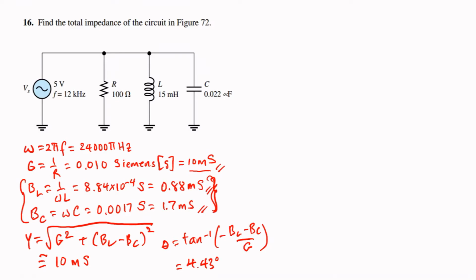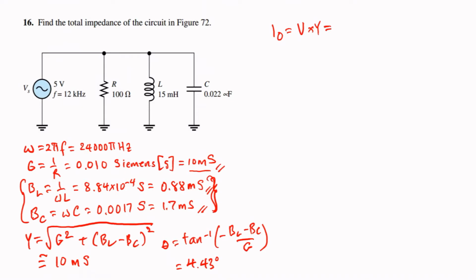Let's solve for the amplitudes of the current. Let's solve for the amplitude of the current source first. This will be V times Y. Why is this like this? Remember that V is equal to IR, but since we're using conductance here, the reciprocal of the resistance, this becomes I is equal to V times G. It's the same also for the admittance and for the susceptance.